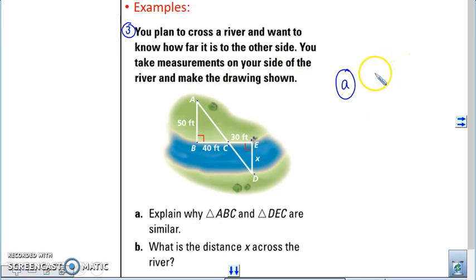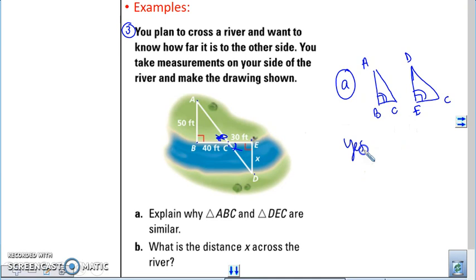So here, I'm going to draw a sketch. Here's triangle A, B, C. We know this angle right here. In triangle CDE, we know this right here. One angle, they have one angle that's congruent. Now we have to determine if they have another angle that's going to be congruent. And how are we going to do that is the next question. The fact that right here, these two angles are vertical from each other makes them congruent.